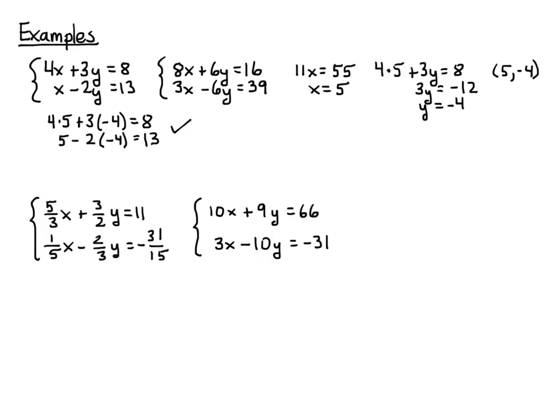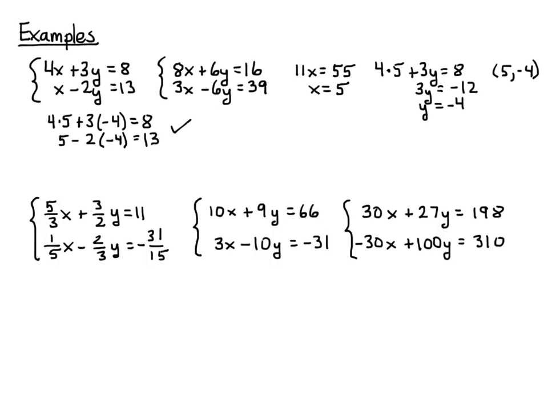So at this point you think, where do I go from here? I want to make something that's going to eliminate. Well, I can go back into fractions if I want and multiply the second one by 10/3, but that's not going to really work. So I'm going to multiply both equations by something that'll give me something in common, and it looks like probably the easiest one will be multiplying the first one by 3 and the second one by 10.